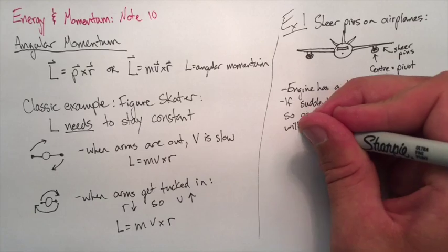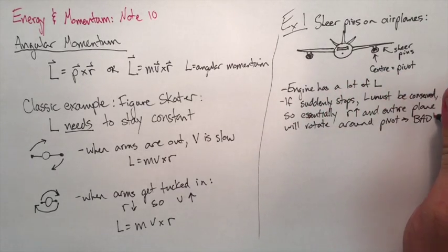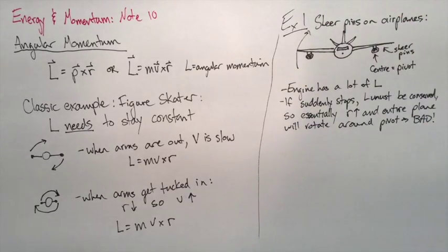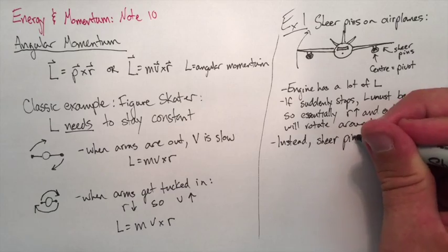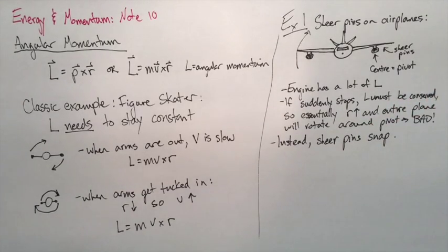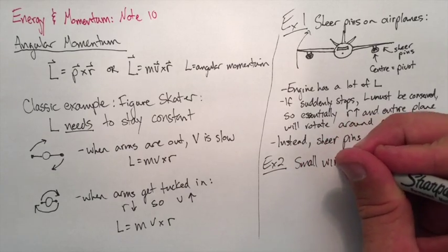So instead, on top of each of those engines, if for some reason it were to suddenly jam, two shear pins would break and the engine would fall off, and the airplane would just return on the other engine. So these are safeguards because of this conservation of angular momentum.